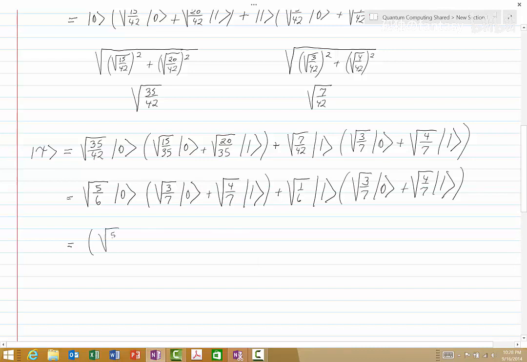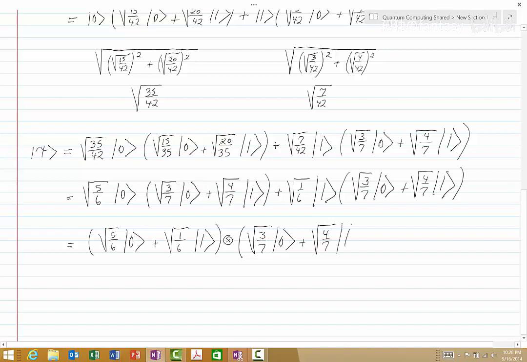We have square root of 5/6 |0⟩ plus square root of 1/6 |1⟩, and then if you wish to put in the ⊗ just to emphasize, square root of 3/7 |0⟩ plus square root of 4/7 |1⟩. What do we conclude from the fact that psi can be written in this way?